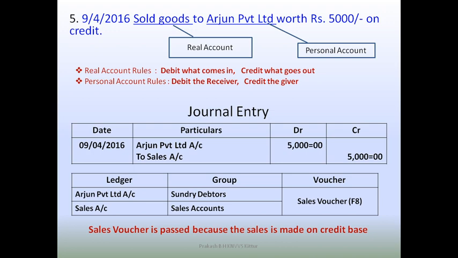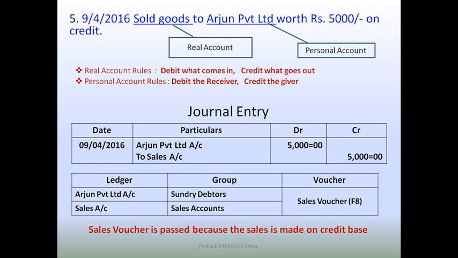So now the journal entry. Date 9/4/2016. In the particulars, the head of the ledger is Arjun Private Limited, a personal account. The personal account rule says debit the receiver, credit the giver. Here Arjun Private Limited is the receiver of the goods, hence it comes under the debit side.